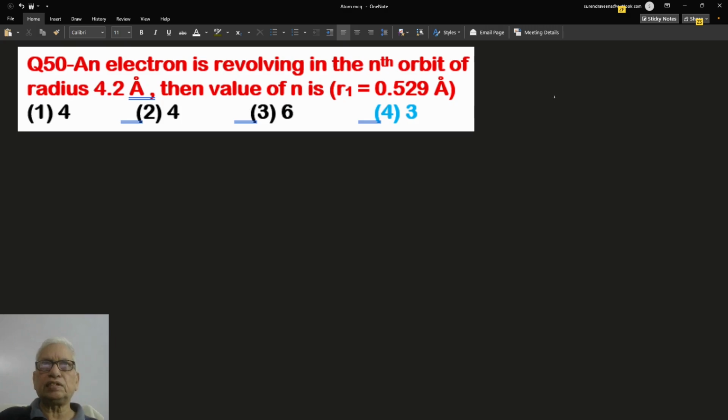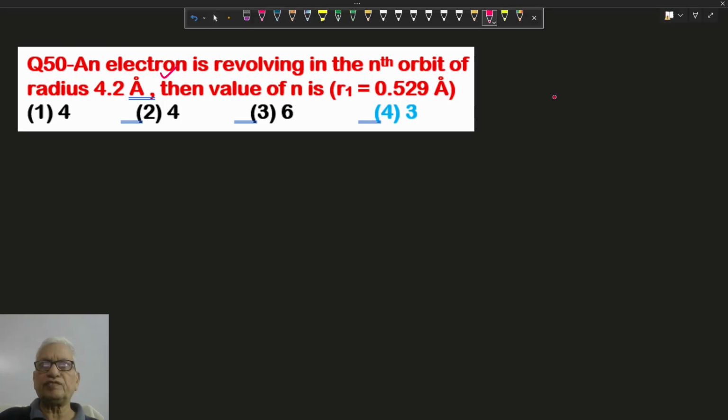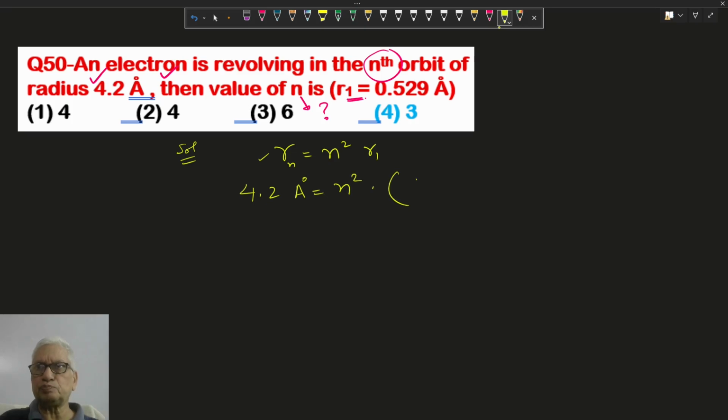In this question, an electron is revolving in the nth orbit and the radius is given as 4.2 angstrom, and R1, the ground state radius, is 0.529 angstrom. We have to find the value of n. The radius formula is n square R1, and it is given in the question as 4.2 angstrom, and R1 is 0.529 angstrom.